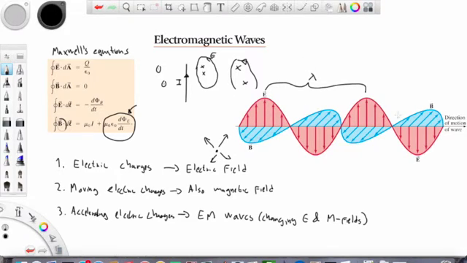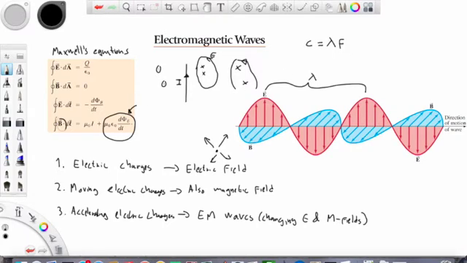And they have a certain velocity, of course, and that is the speed of light in whatever medium they are propagating in. So the speed of light equals the wavelength of the electromagnetic wave times the frequency of the wave.